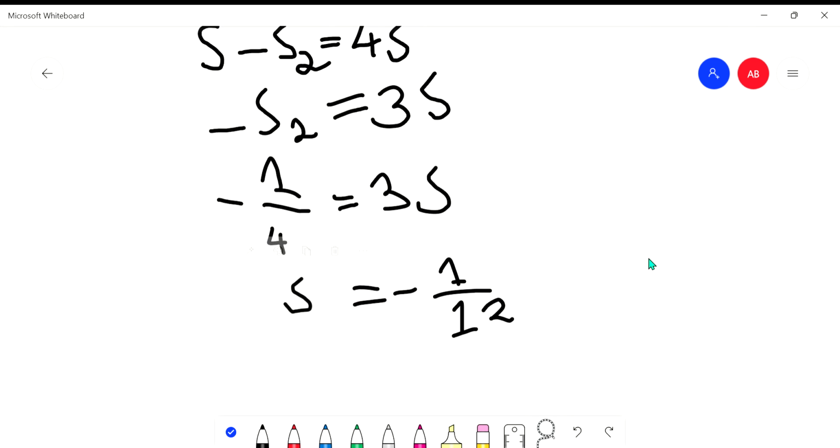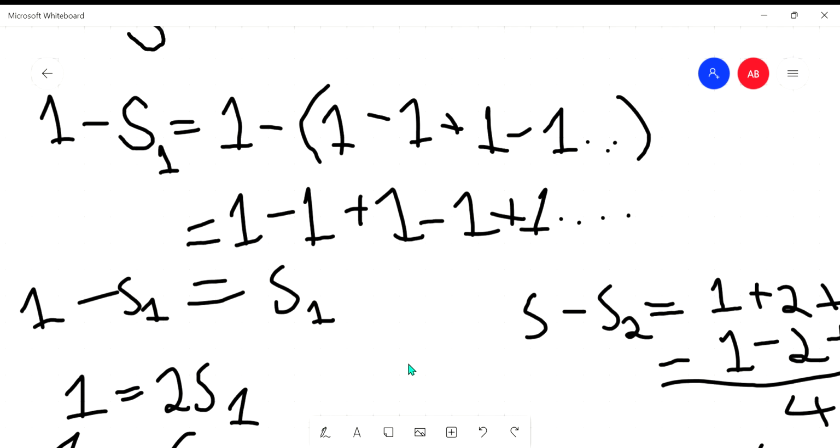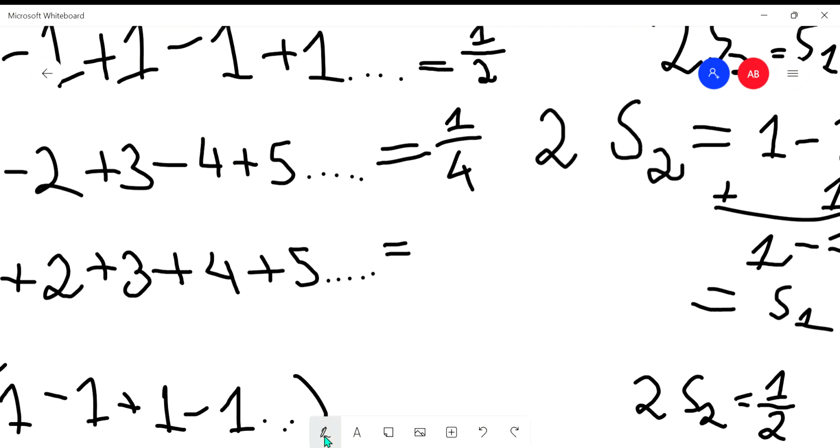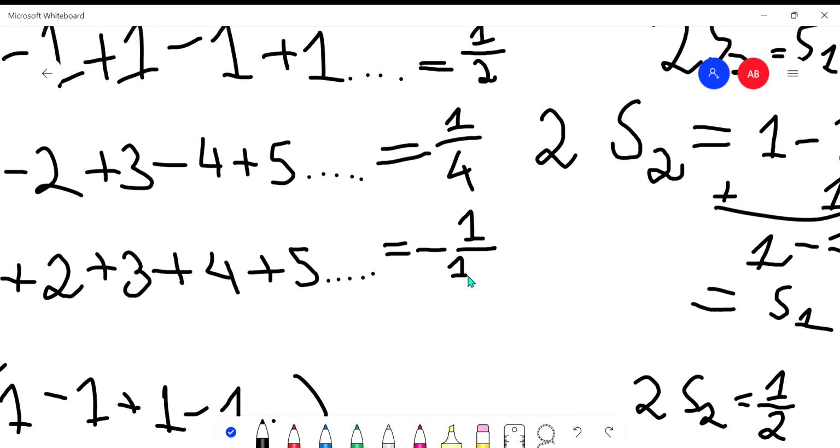There we go. And so now we can go back here to the top and we can finally write that this is negative 1 by 12, and that's it.